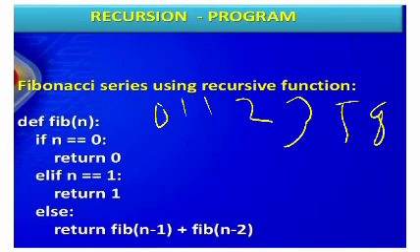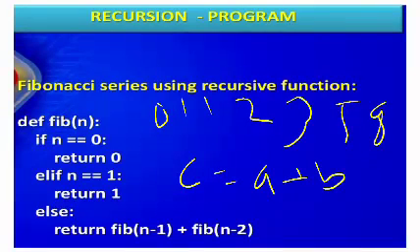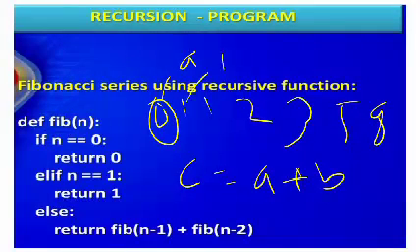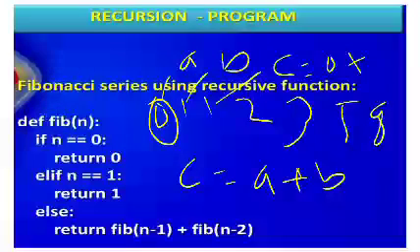It means C equals A plus B. Here A is the first value, B is the second value and C is the third value. It means 0 is the first value A, B is the second value and C is the third value, 0 plus 1.